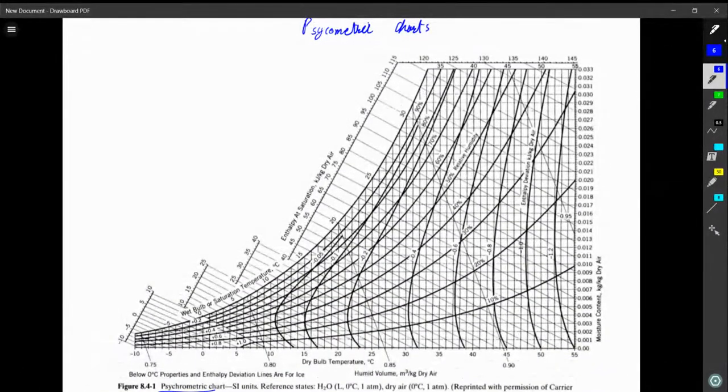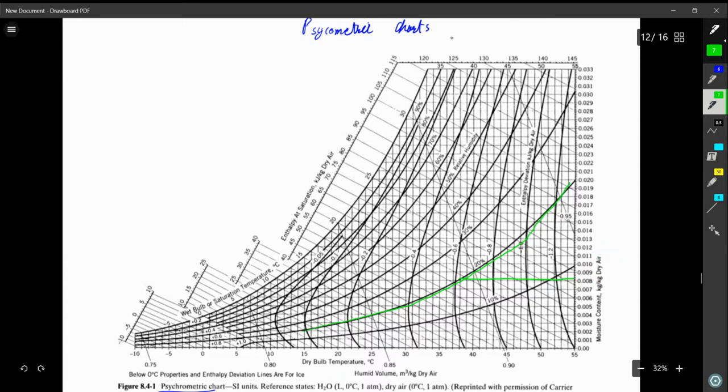Okay, now let me assume that I'm having a 20% relative humidity. So this is the 20% relative humidity curve, and let's say I have an absolute humidity of 0.008. One thing you need to make sure of here is that this is on a dry basis.